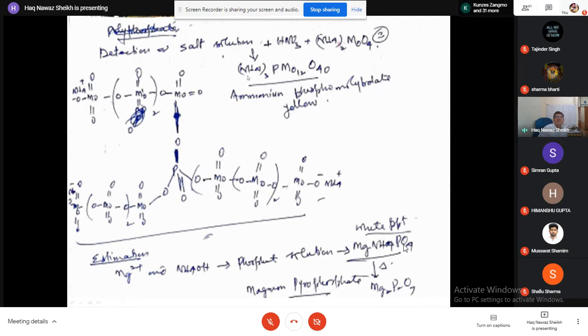So take ammonium three times, then phosphorus at the center, molybdenum 12, and O40. This is the formula of ammonium phosphomolybdate, and immediately it forms a brilliant dark yellow precipitate, and you say immediately that this salt or liquid contains phosphate.